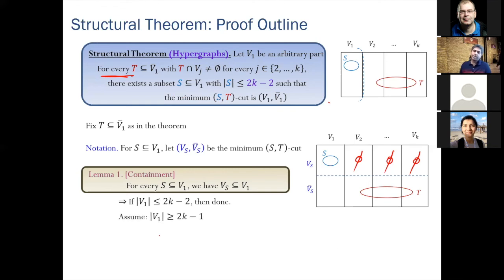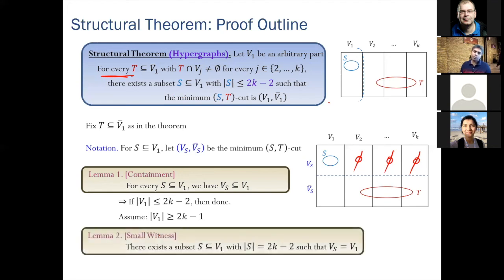The interesting case is when the size of V1 is more than 2k minus 2, when it's large. Maybe it's n over 2 or something very large. Next, we show a small witness lemma: there exists a subset S inside V1 of size 2k minus 2, such that the source side of the minimum ST cut is exactly V1.